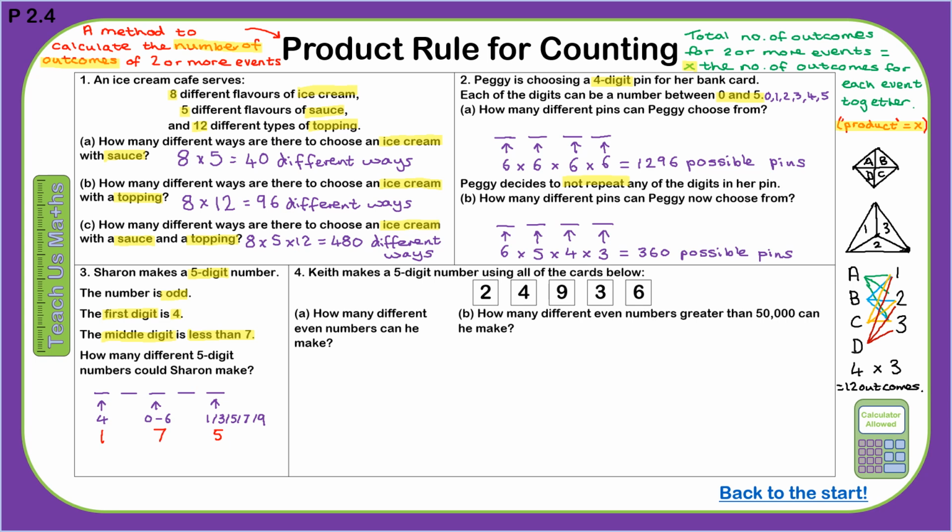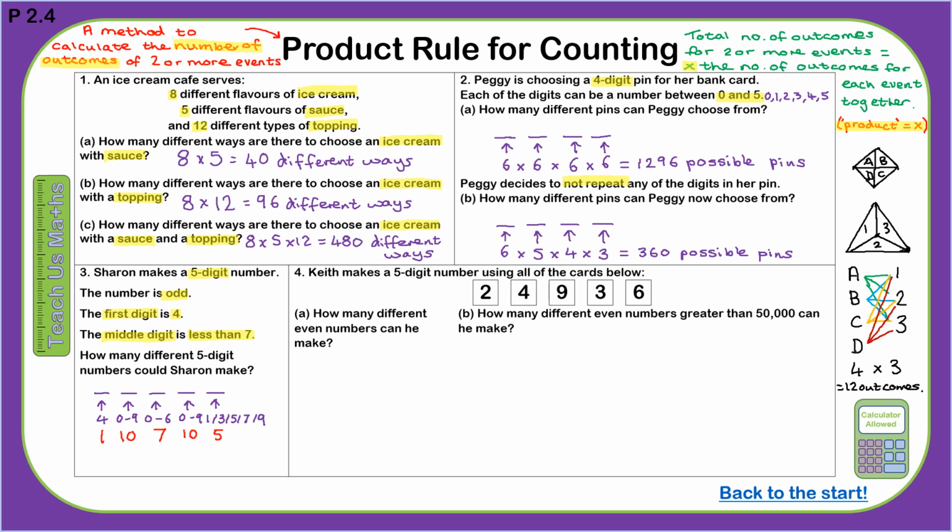And then the remaining 2 digits, so the second and the fourth digit, we are not given any information about those ones, so they can take any value between 0 and 9. So for each of those, there are 10 options. Remember to count the 0. So 0, 1, 2, 3, 4, 5, 6, 7, 8, 9. That's a total of 10 different digits.